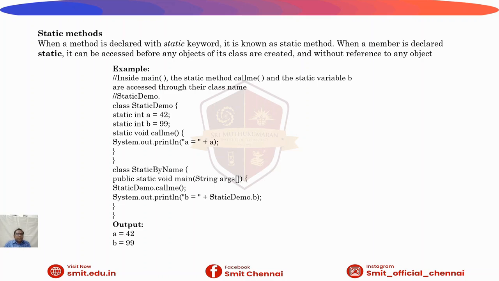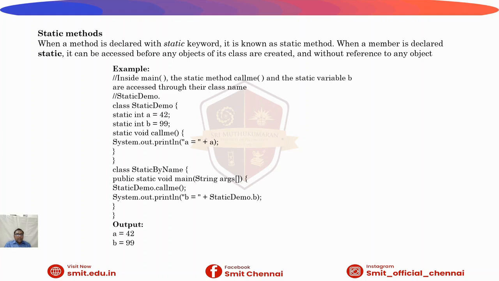Coming to the main method, the main method is static by name, and inside the main method we are calling this particular static method. We are not creating an object first. We are calling the method by using the class name, that is StaticDemo.callMe.